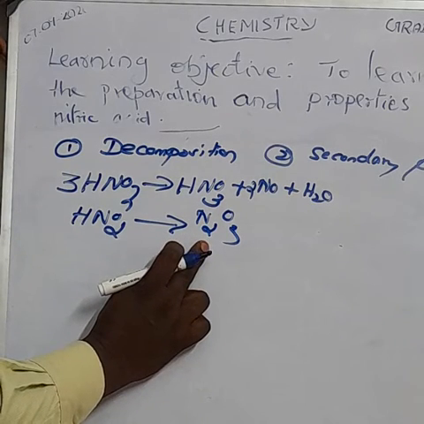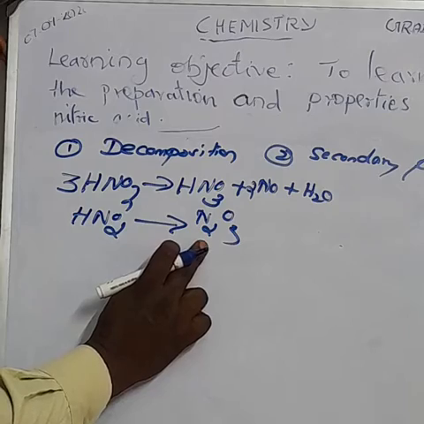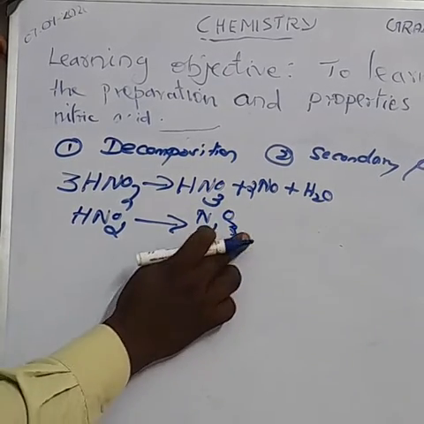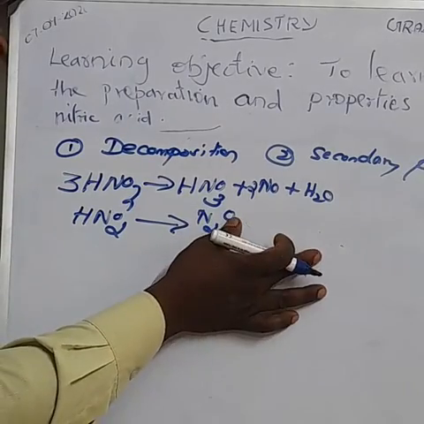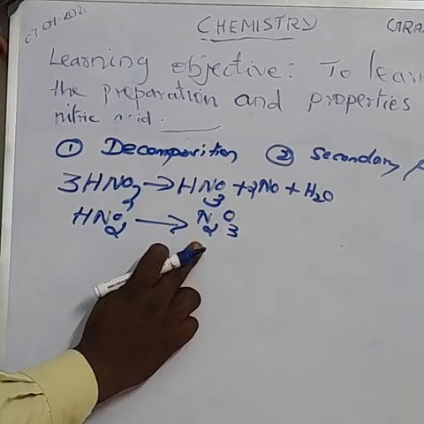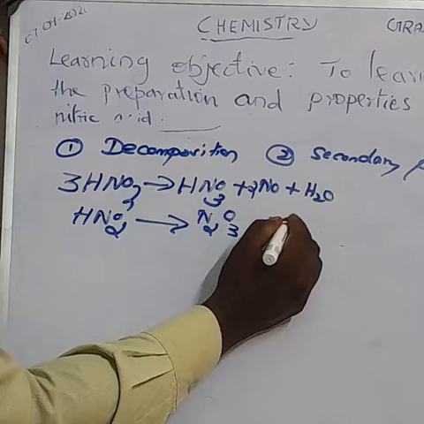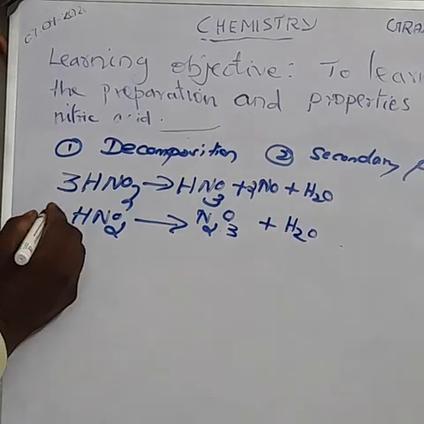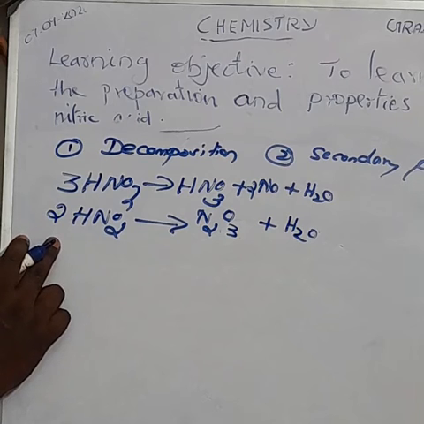That is dinitrogen trioxide, because it has O3, trioxide. Dinitrogen trioxide plus water. Here I have 2 nitrogen, so make it 2 here. Now the equation is balanced.